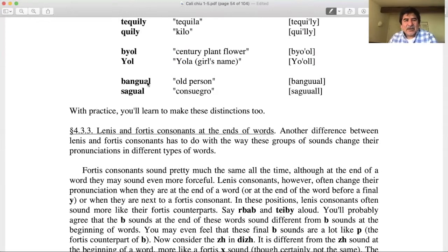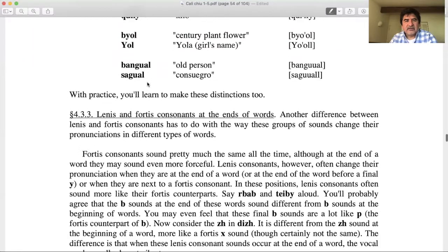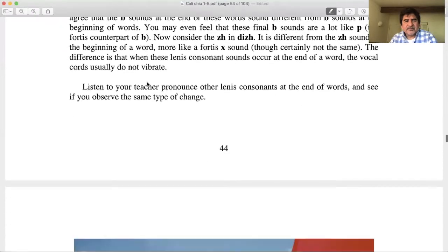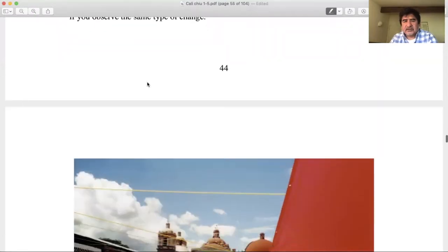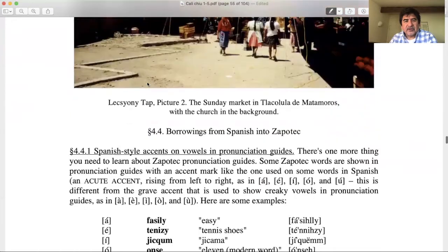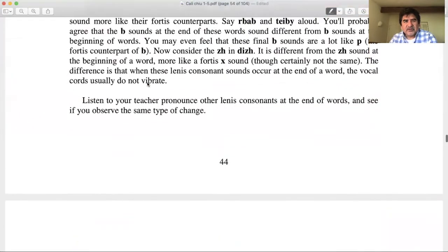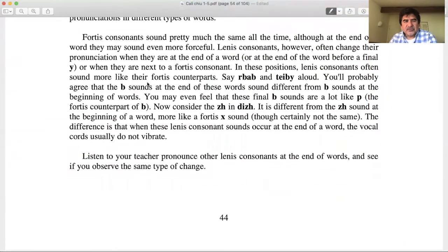So Bangor, Sagur, Bangor, Sagur. One more time. Bangor, Sagur. Okay, let's continue. So just keep practicing, and I hope that with time you'll be able to really distinguish those two sounds.